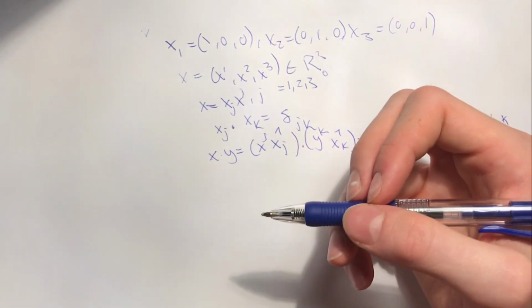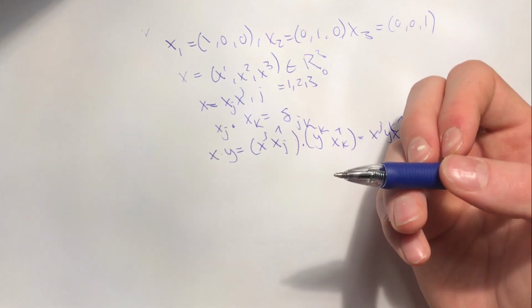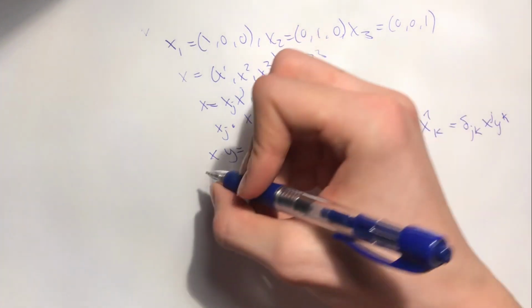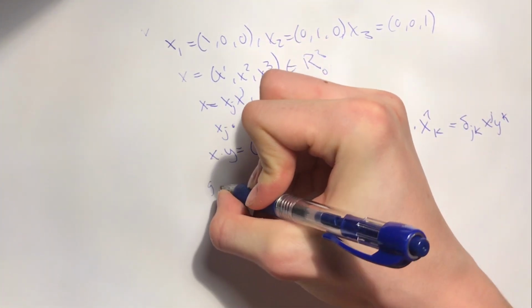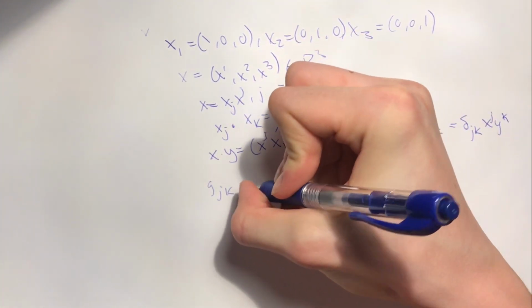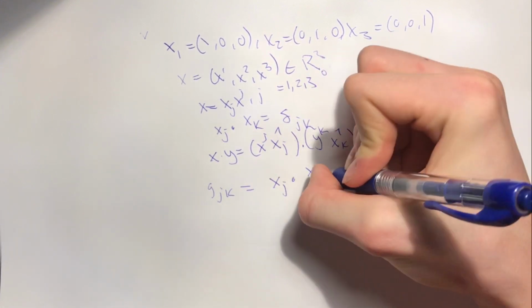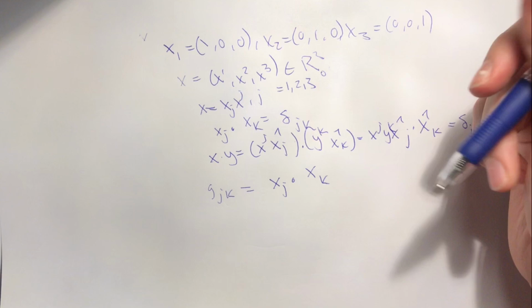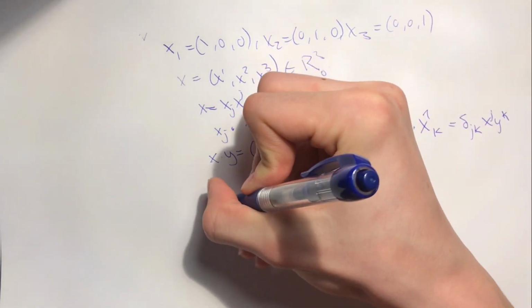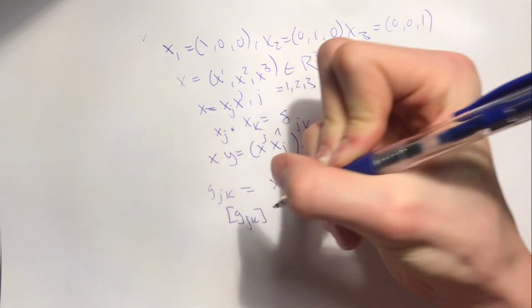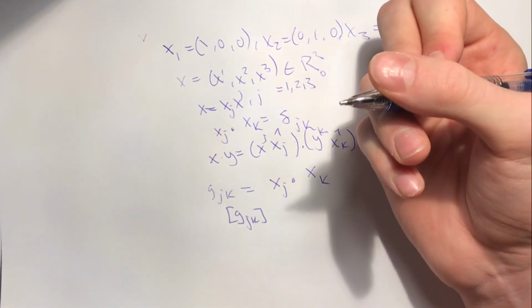In general, the inner products of the basis elements of an inner product space V determine a matrix with elements gjk equals x̂j dotted with x̂k. And the matrix gjk is called the metric tensor of V.